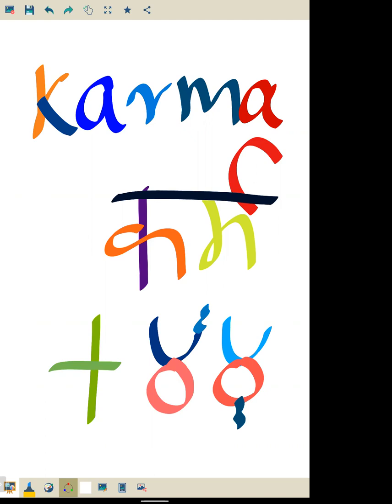Sir, that would be kamra then, isn't it? No, karma? Actually, you are right. But the problem is that they are not exactly clear about the position of ra. That's why, when we are reading the inscription, we have to be very careful. We can say karma or kamra.